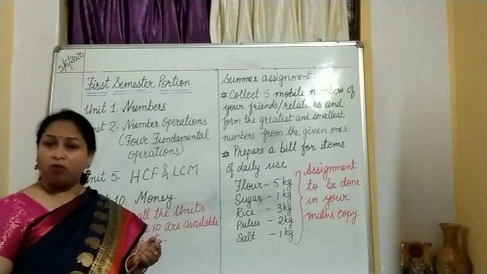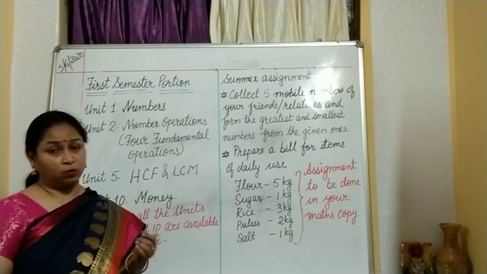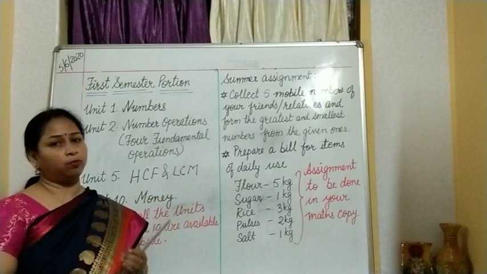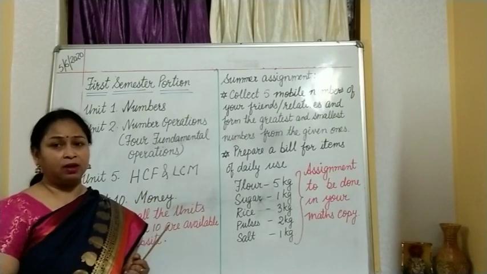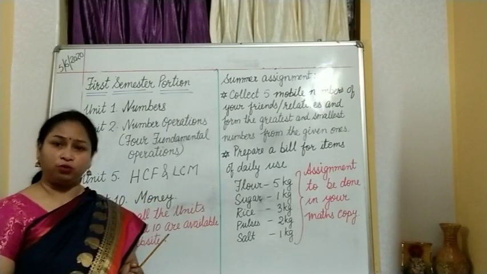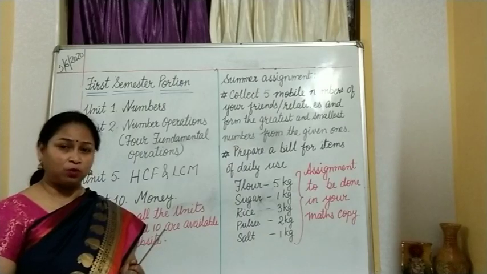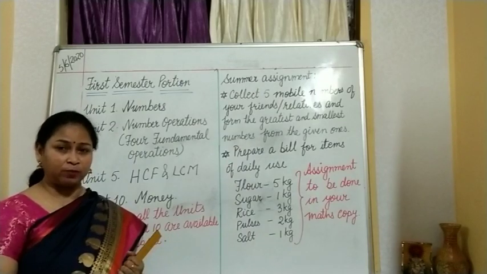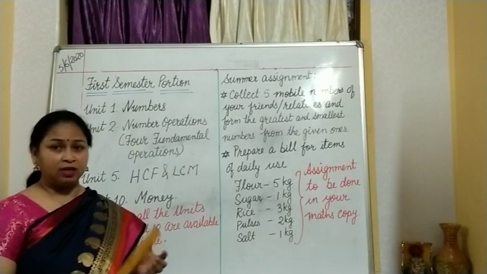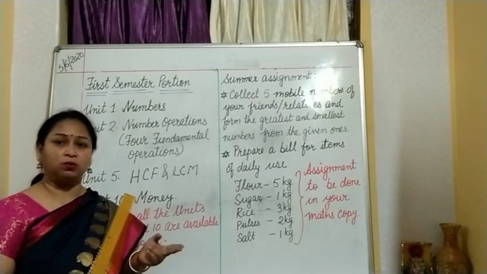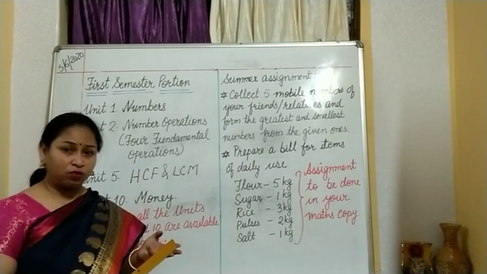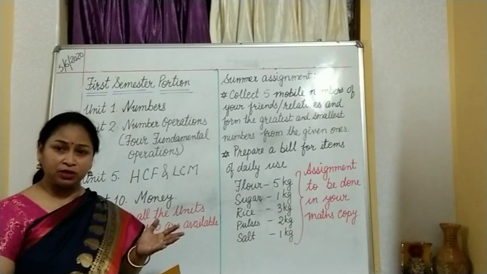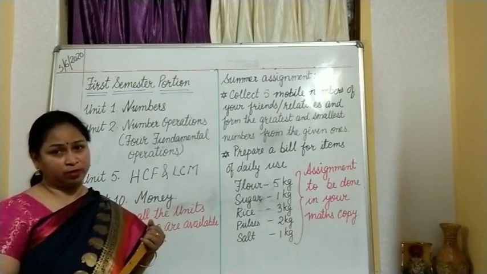Then we have also done simplification, where we collected all the operations together and then started solving. Do you remember what was the formula, the mantra we learned at that time? It is BODMAS, isn't it? B stands for bracket, O stands for of, D for division, M for multiplication, A for addition and S for subtraction.